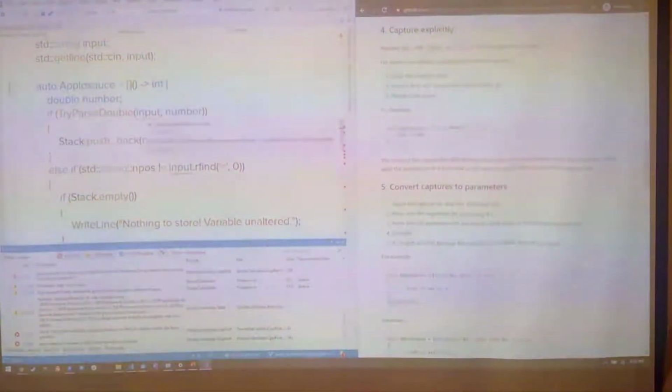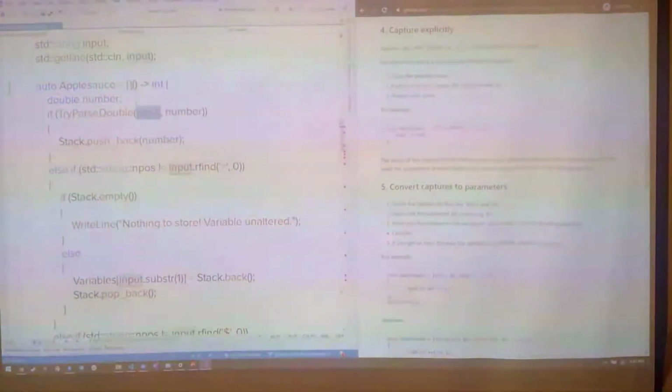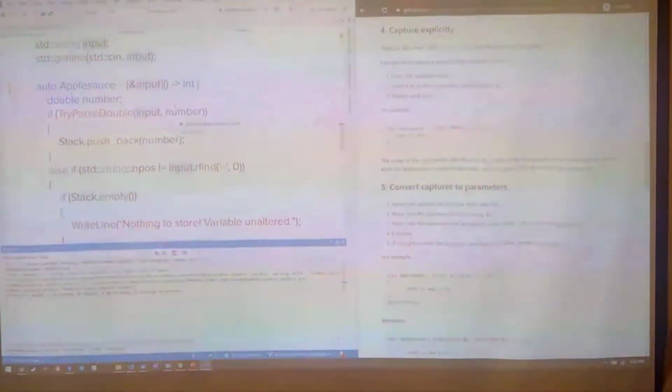Input can't be implicitly captured. Okay. Input goes there. Ampersand input. Oh, no, I put it in the wrong place. It goes there. Yes. Okay, I guess that worked.